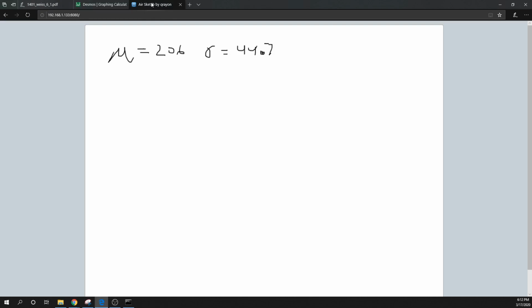Going back, we know that our formula for the z-scores is z equals x minus mu all over sigma. In our case, mu is 206, so x minus 206 over 44.7. So that's what our formula for the z-scores will look like.